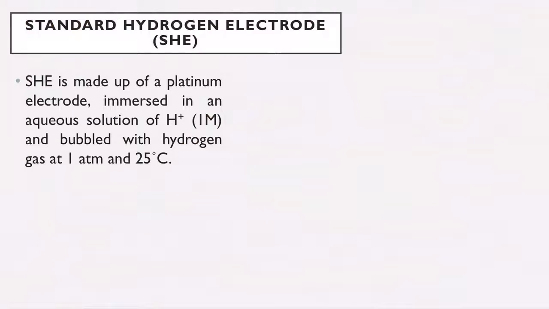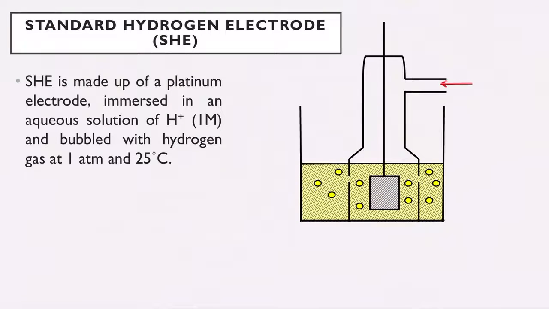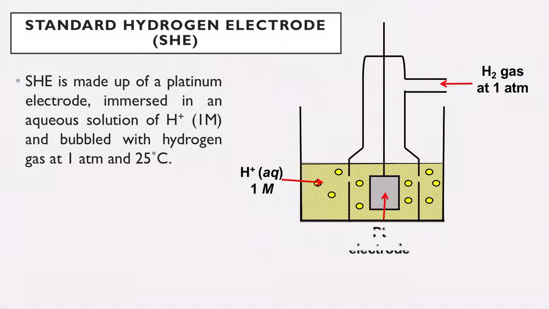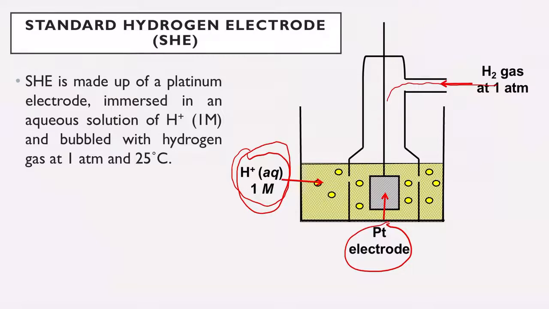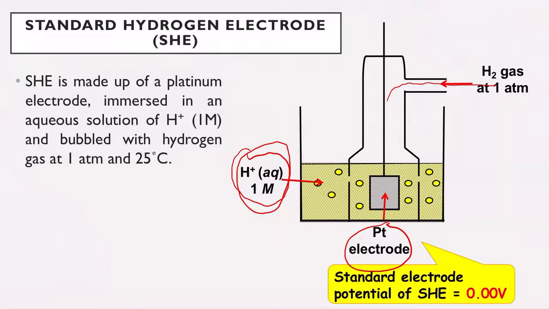Okay. Okay, so let's see how does your SHE look like. So your SHE is made up of a platinum electrode. Okay. So right here, this is your SHE. It has a platinum electrode inside and immersed in an aqueous solution of H plus with 1 molar and bubbled with hydrogen gas at 1 atm and 25 degrees Celsius.